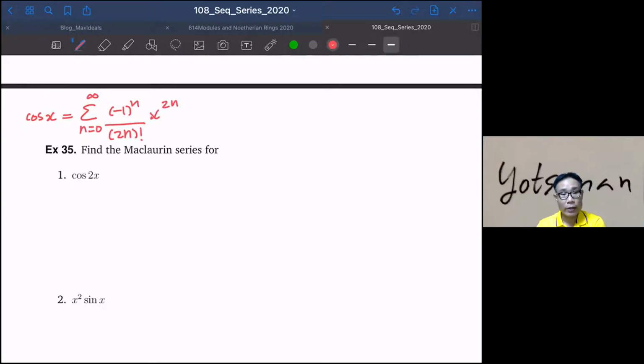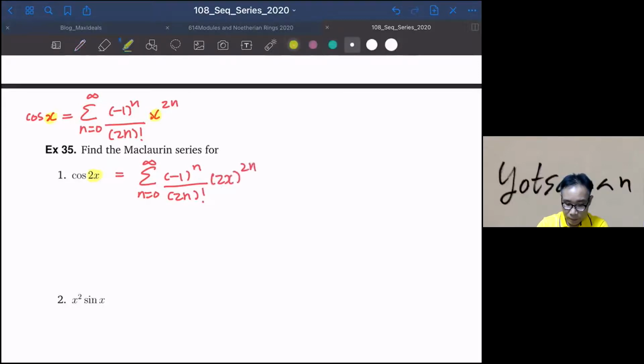So you just change x to 2x. So you have cos 2x, which is the series n equal to 0 to infinity of negative 1 to the n over 2n factorial, and you have 2x to the 2n.